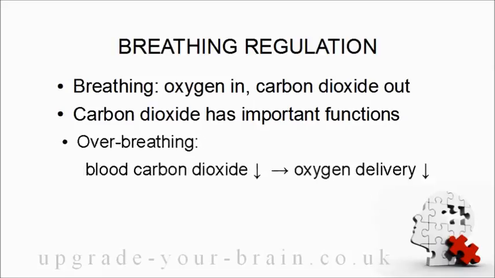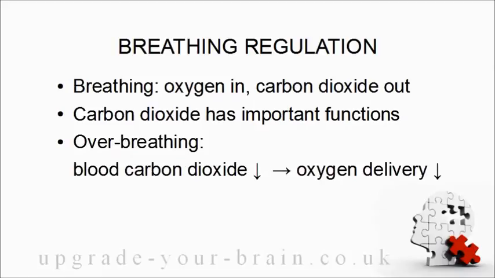So when you overbreathe, you actually reduce the amount of carbon dioxide dissolved in the blood, and that causes problems. Firstly, it causes blood vessels in the brain to constrict. And secondly, the blood holds on more tightly to its oxygen. And both these factors combine to reduce oxygen delivery, especially to brain cells.